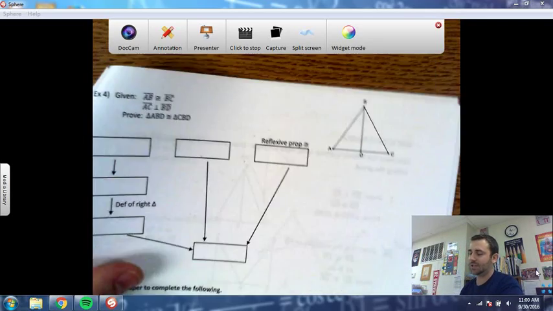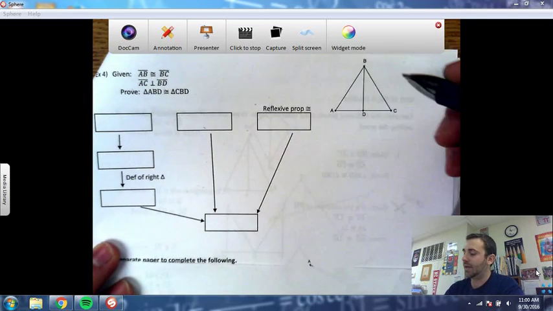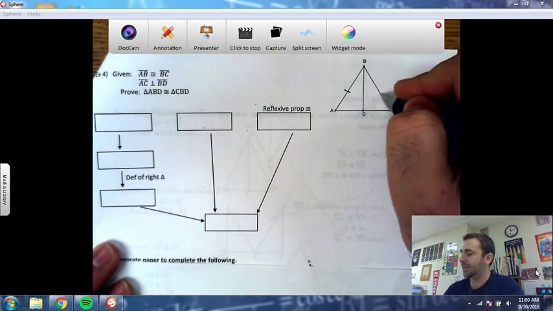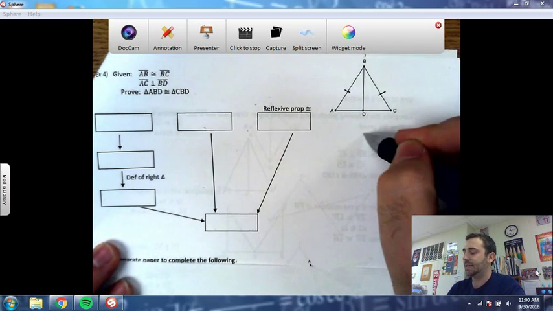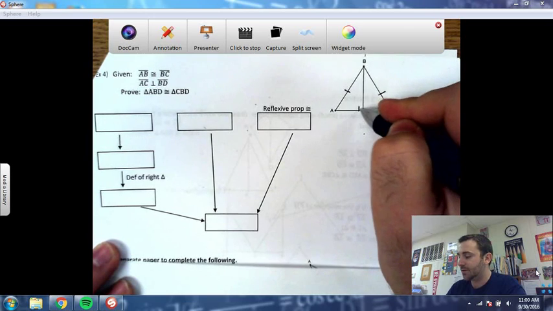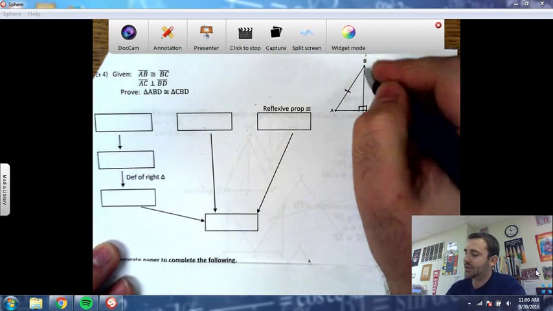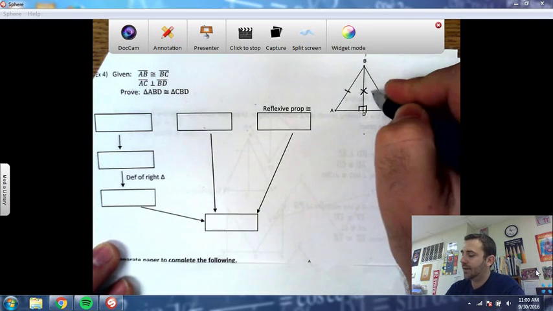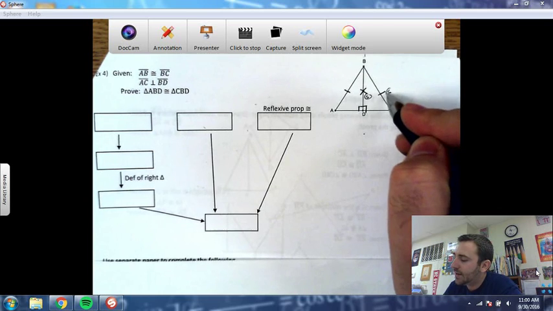In our next example, our last one for fill-in, we're given that AB is congruent to BC. AC is perpendicular to BD. Well, again, perpendicular gives us right angles, so I'm going to draw my right angle. And then I notice that I have a shared side. And so here I have a side, another side, and an angle.